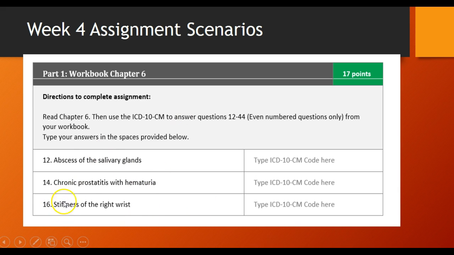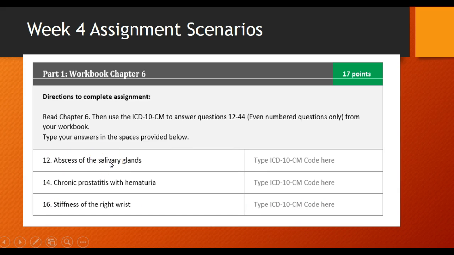So you would go to the word stiffness and then joint, and then from joint you would go down to or next to and find the word wrist, and you'll be taken to an M code. It's a long code, but you want to make sure you code it accurately. Begin with a 3-digit category in the tabular and pull your code, and that's pretty simple. That's exactly what you do over and over again.